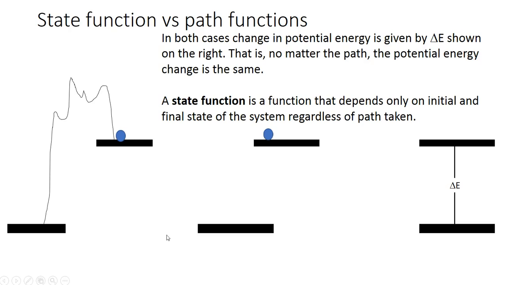What matters is the distance from here to here, or from here to here. That's what a state function is about. And because of that, we can use this, the delta E, to give us the change in that state function, as we'll see later what I mean by that.